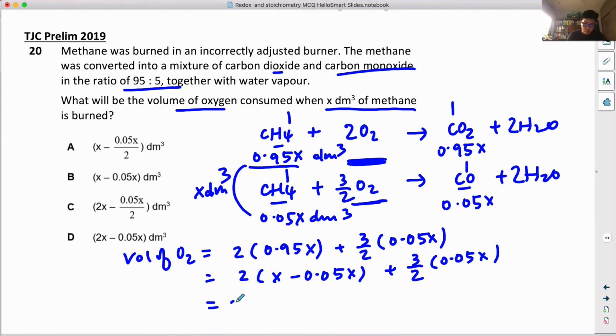So this will give you 2x minus 2 times 0.05x plus 1.5 times 0.05x.